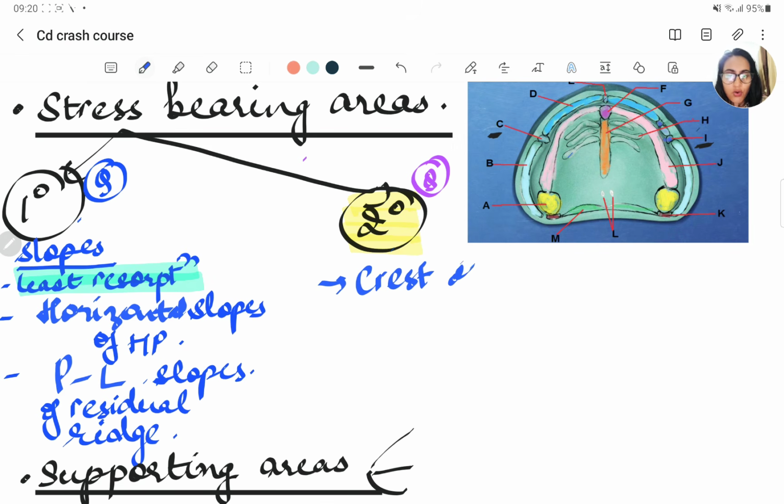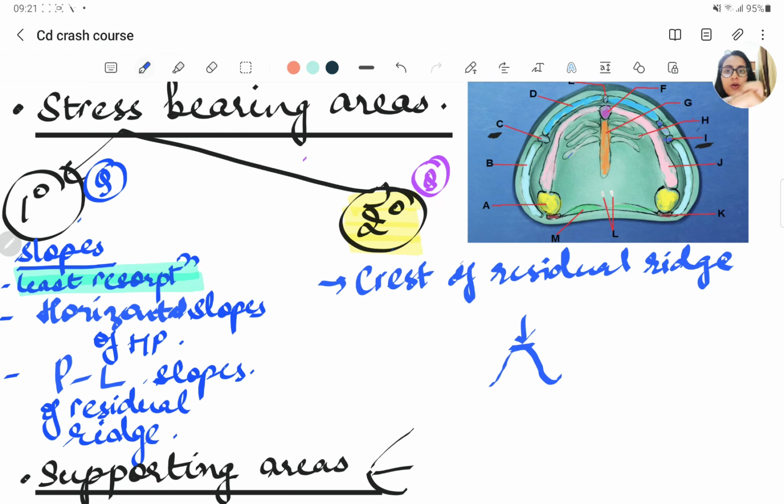So the crest of the residual ridge is a stress bearing area for maxilla. It is going to bear stress. In the maxilla, we can put pressure directly on the crest of the ridge. Suppose that's a ridge. The crest of the ridge is going to be this particular part, the top, the uphill part.